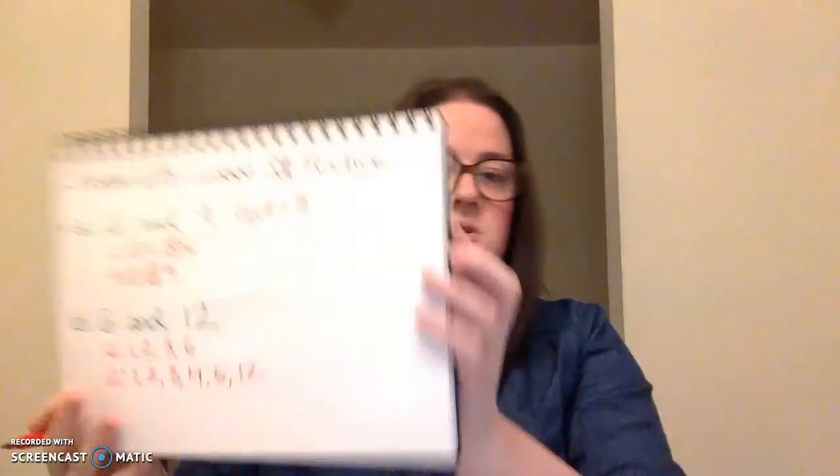Okay, now I've got 6 and 12 in example B. So 6, again, is 1, 2, 3, and 6. My factors of 12 are 1, 2, 3, 4, 6, and 12. All right, so I list out my factors, and I do want to list them in numerical order.